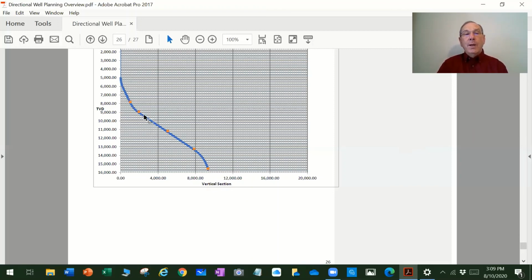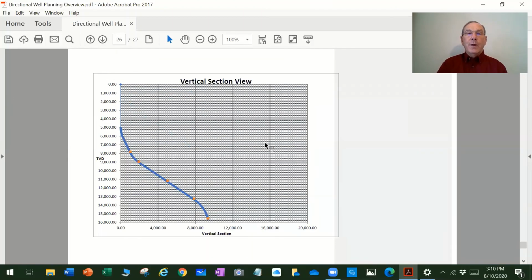We hold 54 degrees from target number 2 through target number 3 to target number 4, 54 degrees, and then we drop 1.5 degrees from 54 degrees down to 12 degrees at our lowermost target. And we've met the objective of a multiple target directional plan that was not too difficult to arrive at.